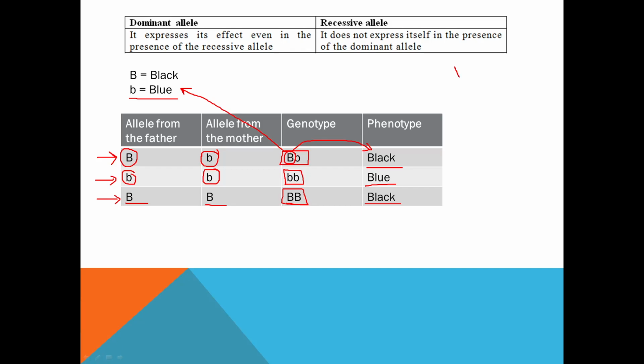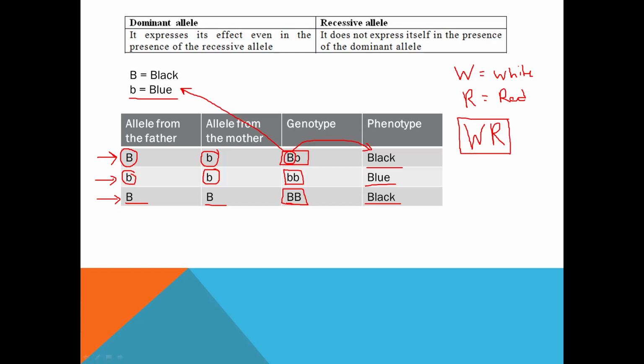We can use the letter W to determine the color of the petals, so let's say it represents white, and we could use R to represent the color red. If the alleles of that particular flower look like this, W and R, which color will be expressed?